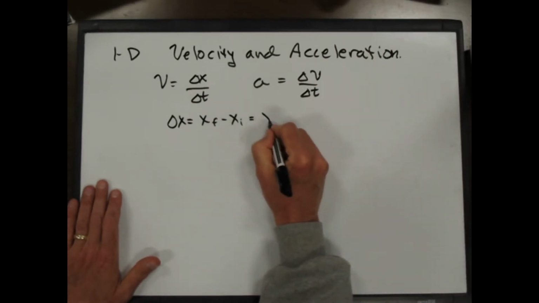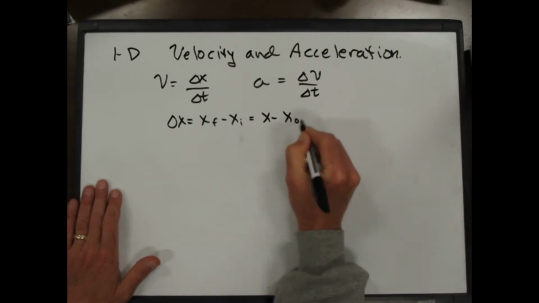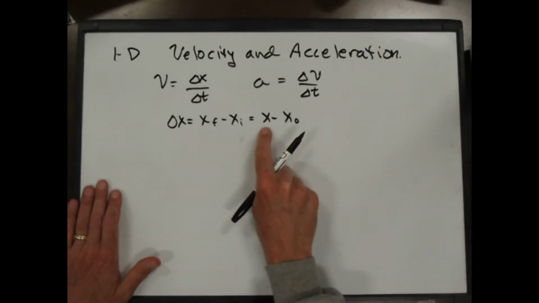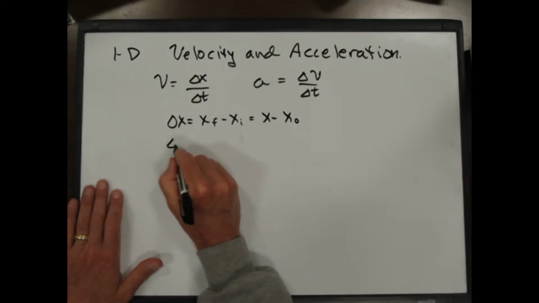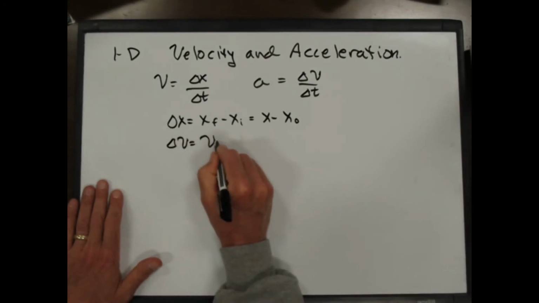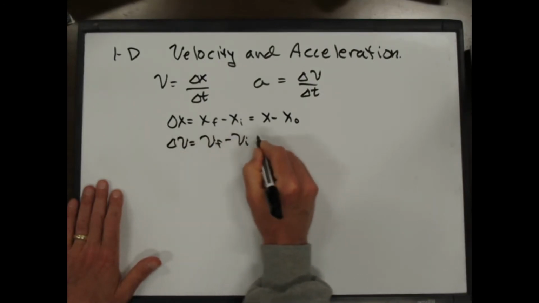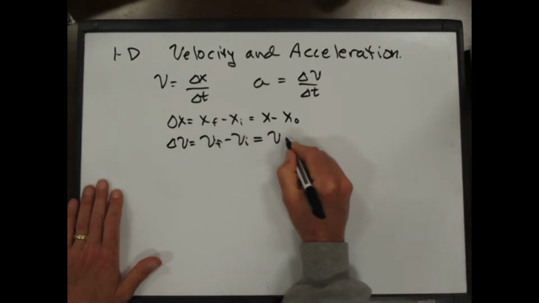Often we write that as just x minus x naught. We use x for x final. It's just whatever position we're interested in, really. And x naught represents x initial. Similarly, we say delta v is equal to v final minus v initial, and that's often written this way.